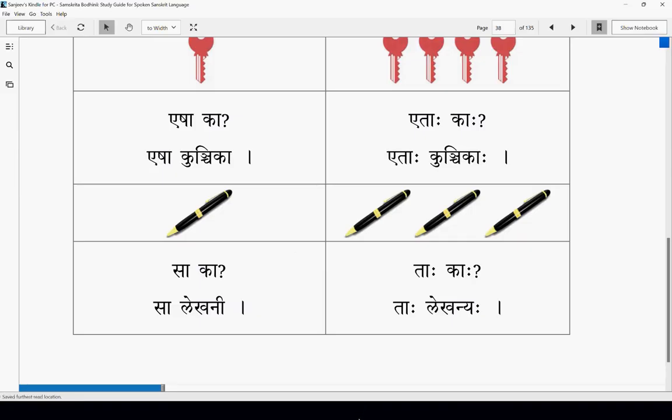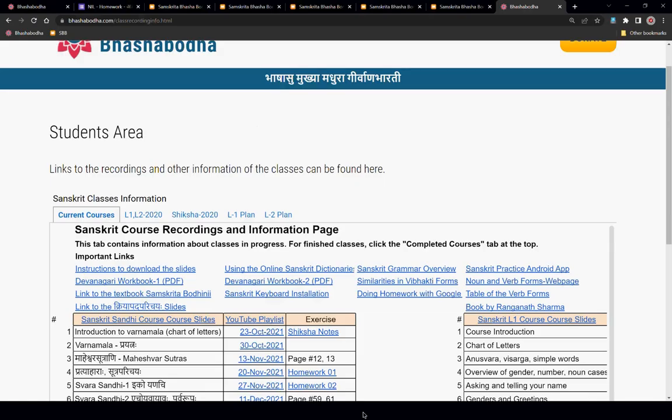Where are we? Yeah. So the one I was talking about, recognizing and identifying the vibhakti patterns.